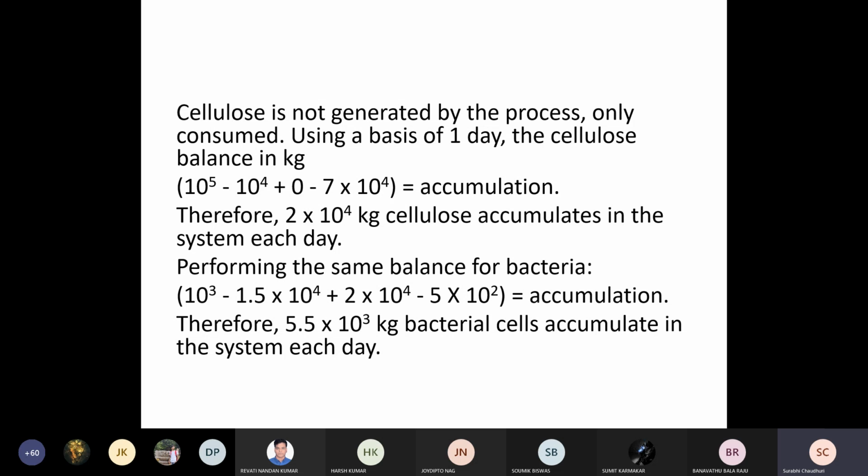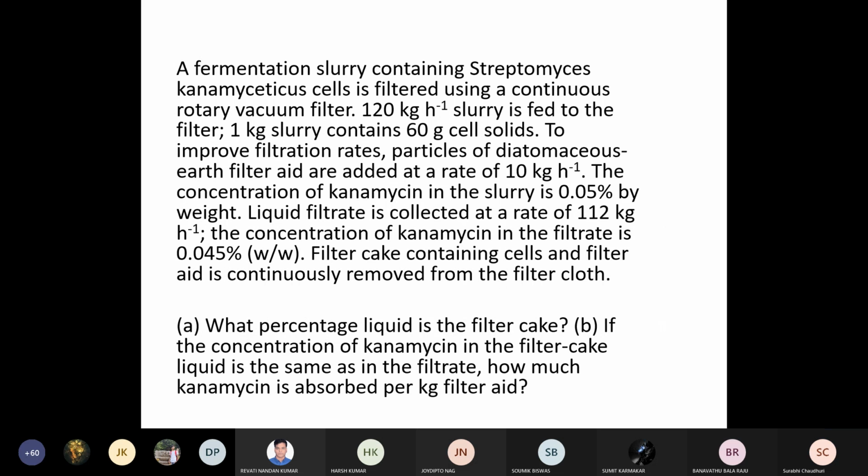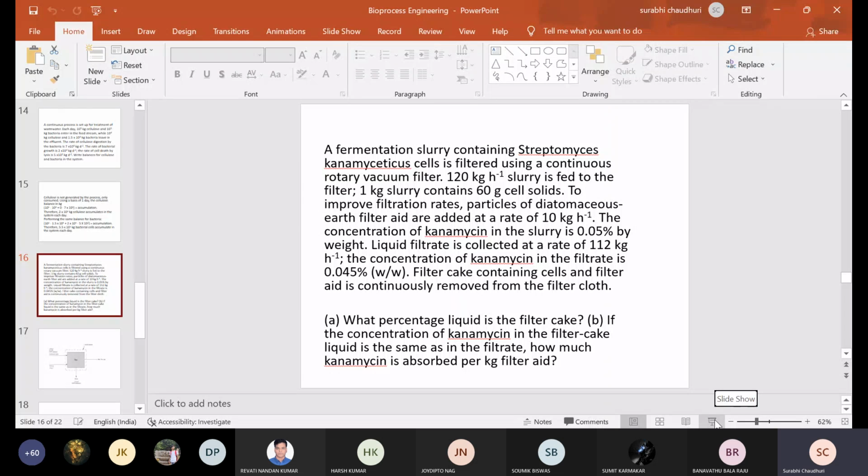For bacteria, 10 to the power 3 minus 1.5 into 10 to the power 4 plus 2 into 10 to the power 4 minus 5 into 10 to the power 2. This is for accumulation. Now we come to the last problem in our class on stoichiometry.